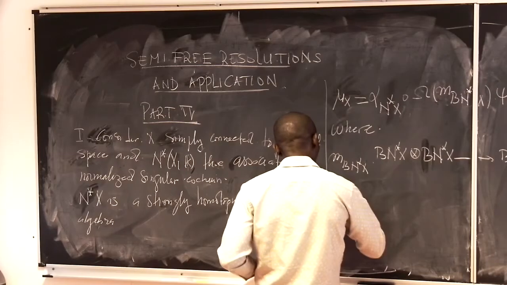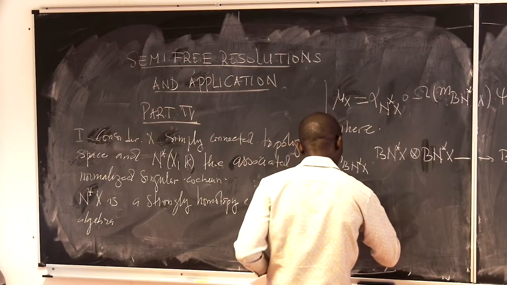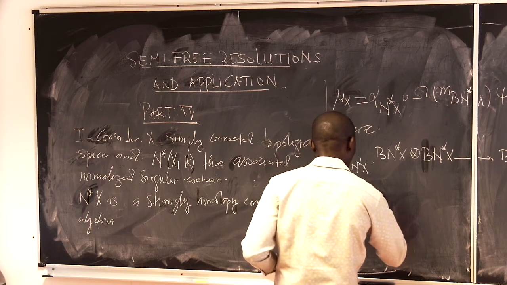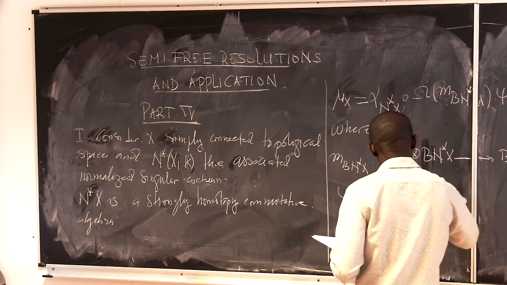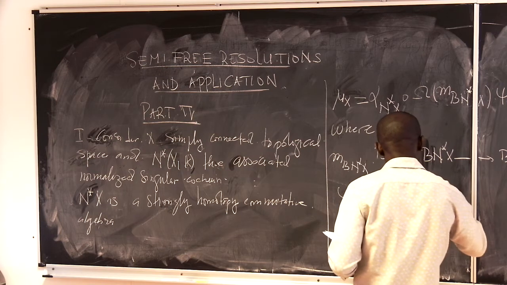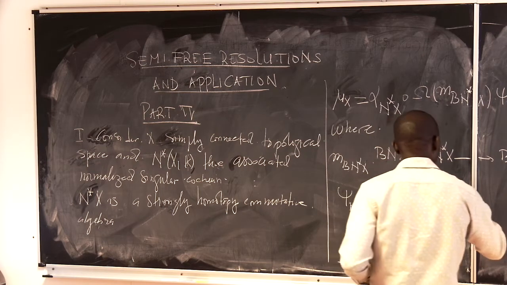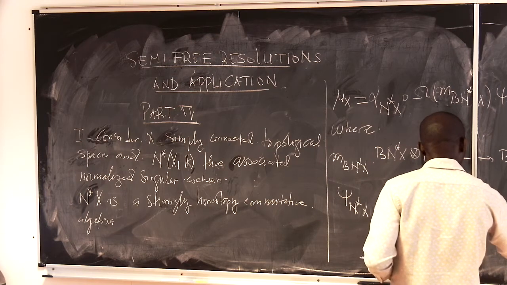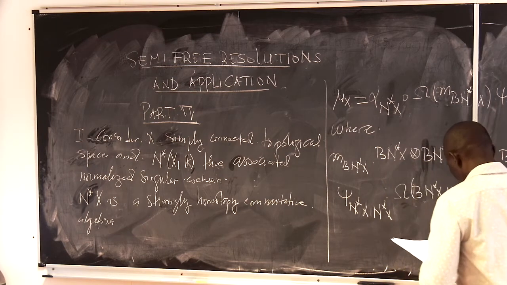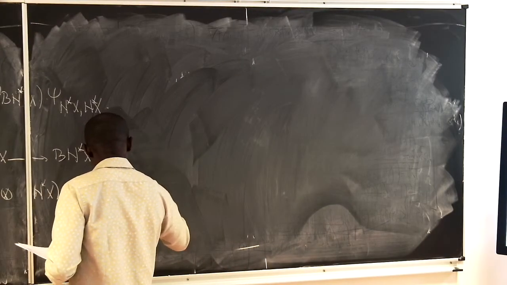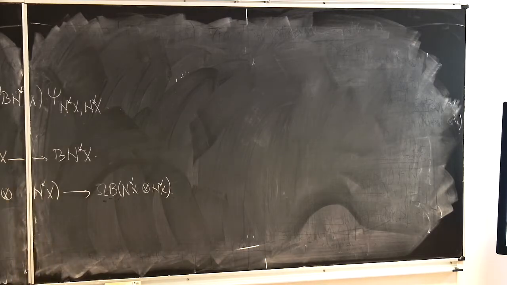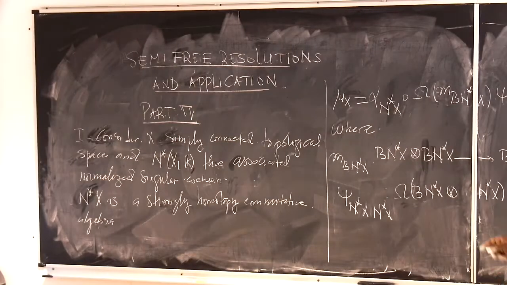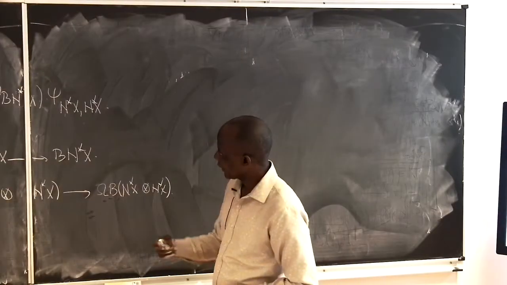And psi of NX is a quasi-isomorphism from one complex to another, satisfying some condition that I gave you yesterday, of course.